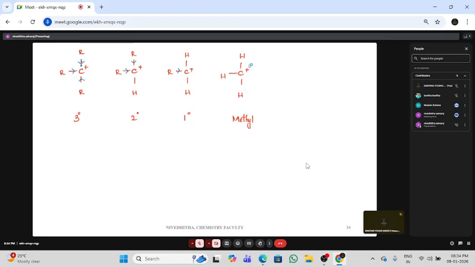Because of this, the tertiary carbocation will gain more moral support. Here electrons are not getting transferred. Still, electrons are being pushed towards the positively charged carbon. So the tertiary carbocation will be more stable. Then secondary, then primary. Least is methyl. Free radicals are also considered to be electron deficient. So for both carbocations and free radicals, this is the stability order.